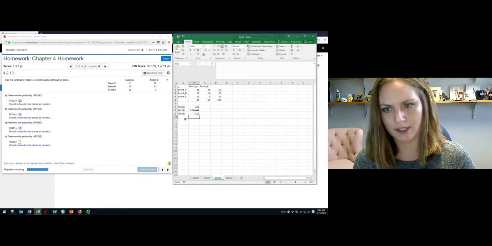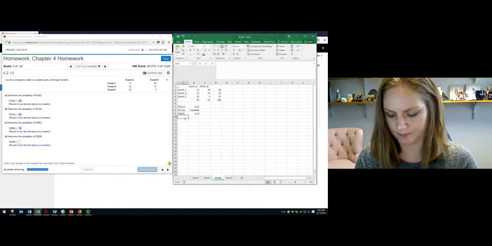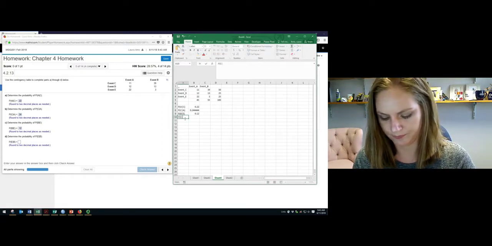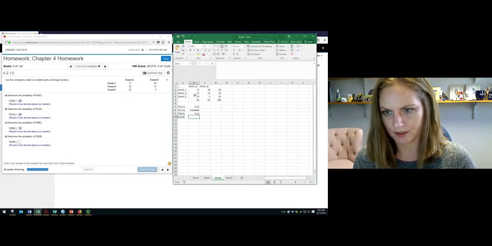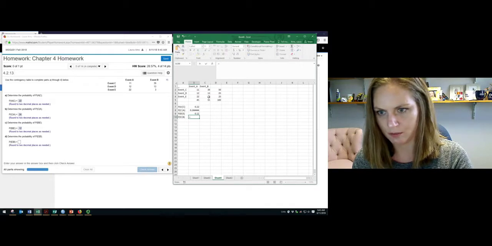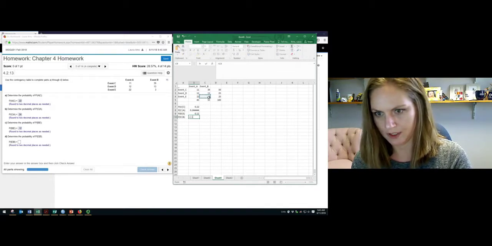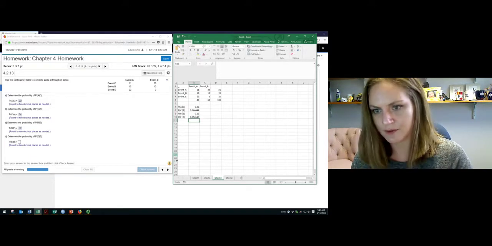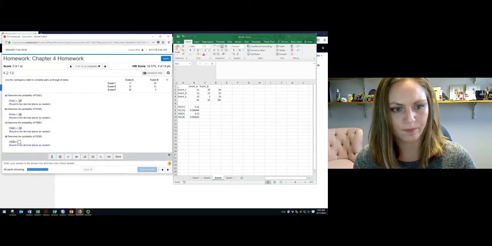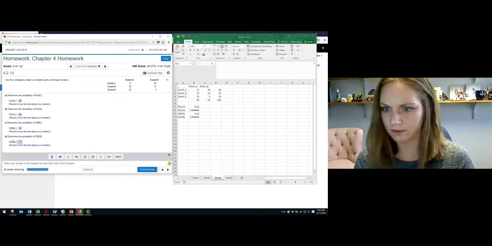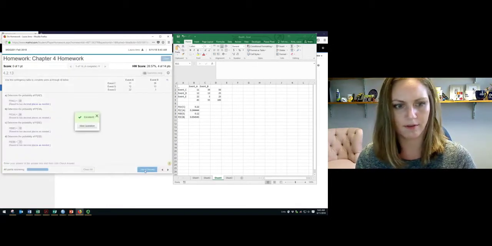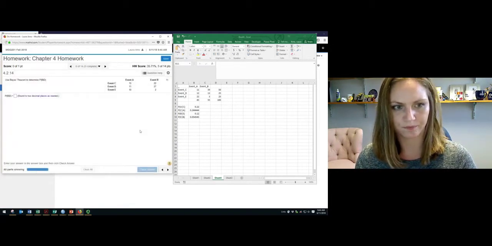And the probability of E given B: of all these event B's, how many of those are E's? E divided by B, excuse me, equals 0.505.